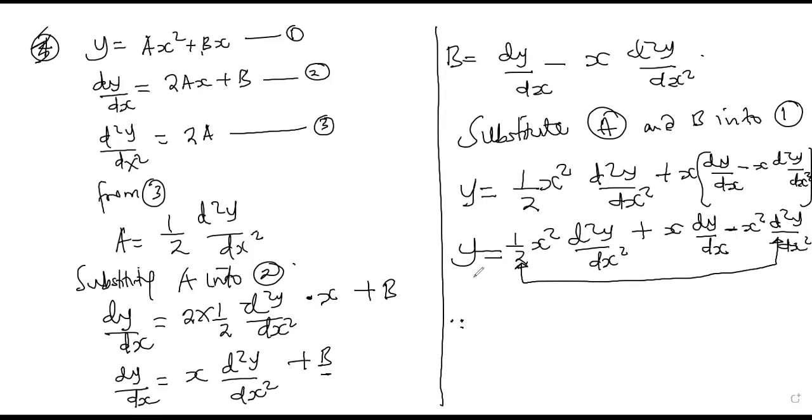So if I bring it this side, it will be a half x squared, the 2y dx squared.